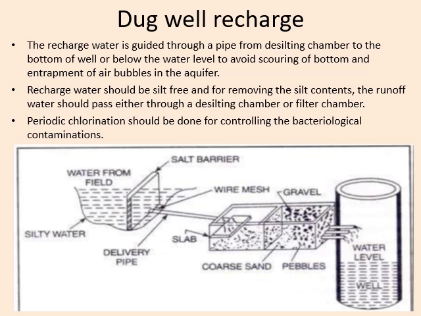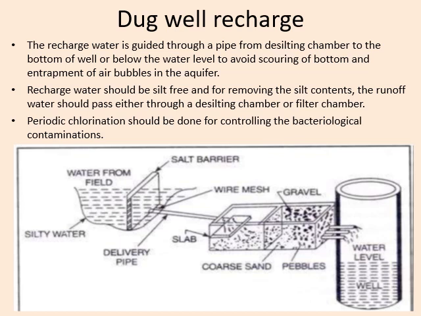First, the water is conveyed through some pipes from the desilting chamber. So silty water is coming, and we have to construct a chamber or a basin where the silt which is coming with the flow of water will be deposited and will be desilted.